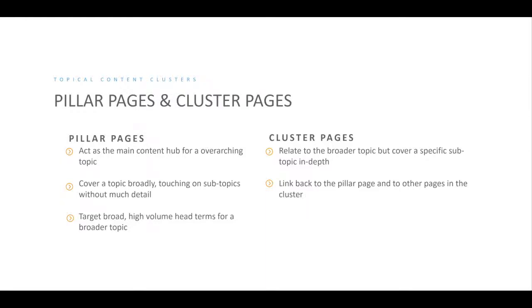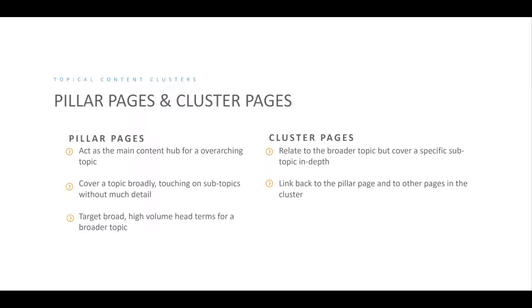The pillar page will target the broad, high-volume keywords for your chosen overarching topic, but should focus on writing naturally about a topic and not keyword stuffing. The pillar page links to each and all of the cluster pages. The cluster page, however, will cover a subtopic that relates to our overarching theme in depth.